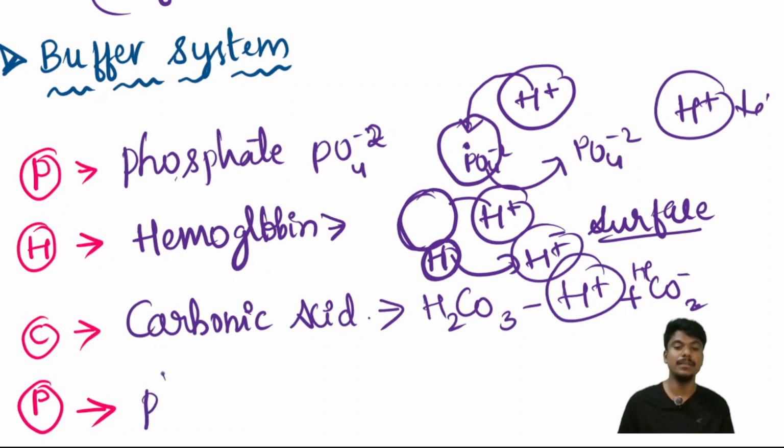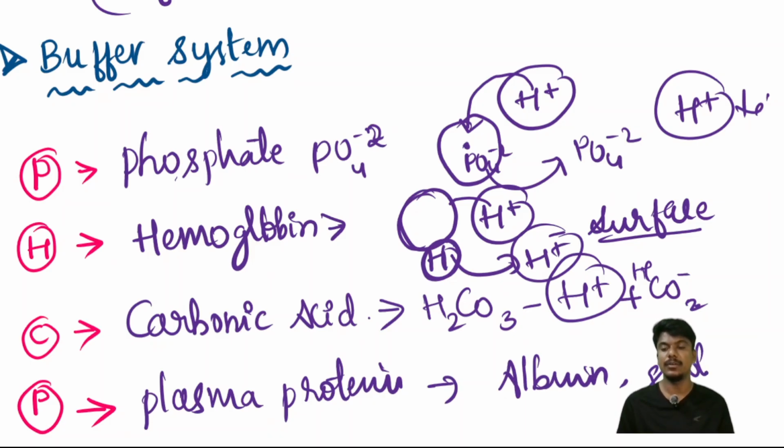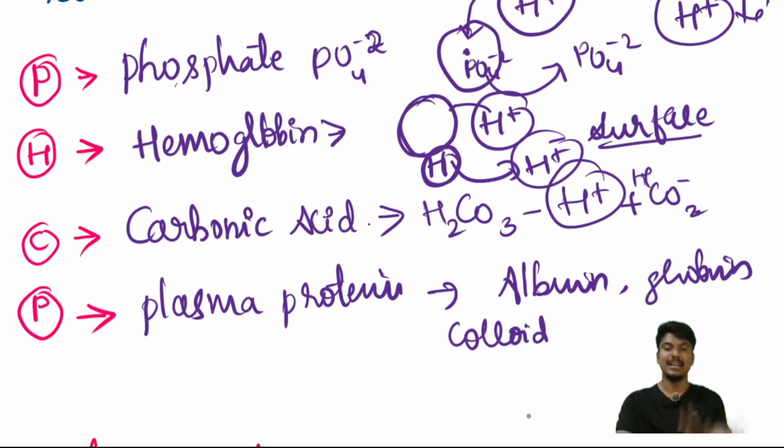And the fourth one will be your plasma proteins. Your albumin is there. Normally plasma proteins are albumin, globulin and fibrinogen. If you see albumin, it's a colloid, it's a larger molecule. What will happen if there is acidosis?